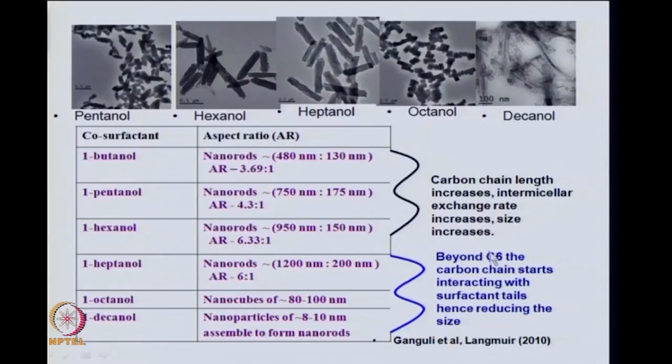And this we have tried to explain: beyond C6 the carbon chain in the co-surfactant starts interacting with the surfactant tails, because the co-surfactant tails are hydrophobic and the surfactant tails are also hydrophobic, and they start interacting with each other, and hence it decreases the intermicellar exchange, and hence it reduces the size of the particles which are formed.